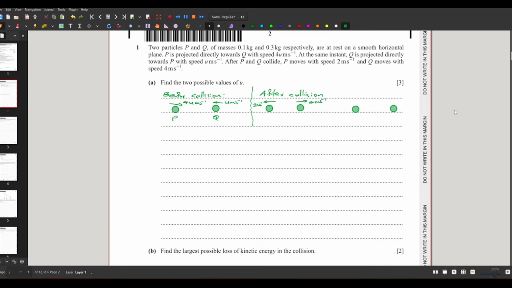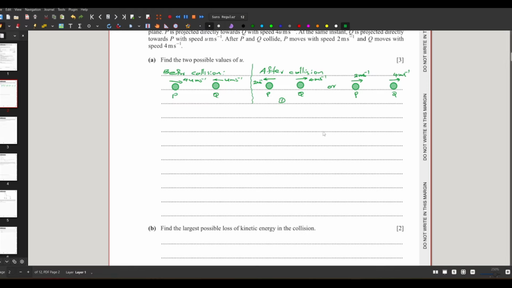The second case is both P and Q moving in the same direction, 2 meters per second here and 4 meters per second here. This is P, this is Q, this is P, and this is Q. This is the first situation and this is the second situation.